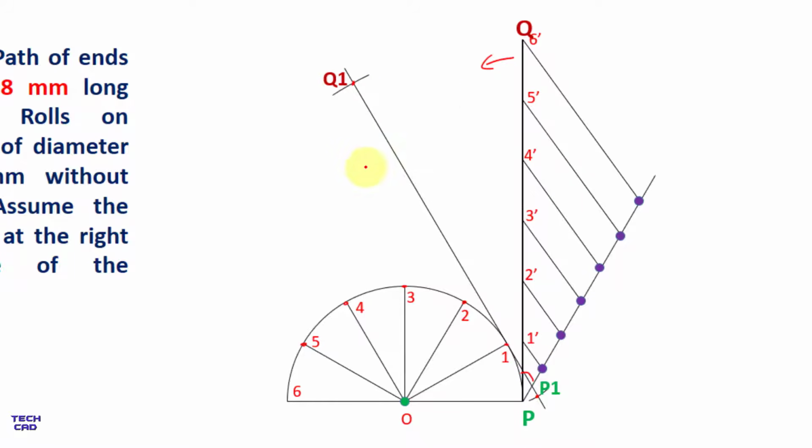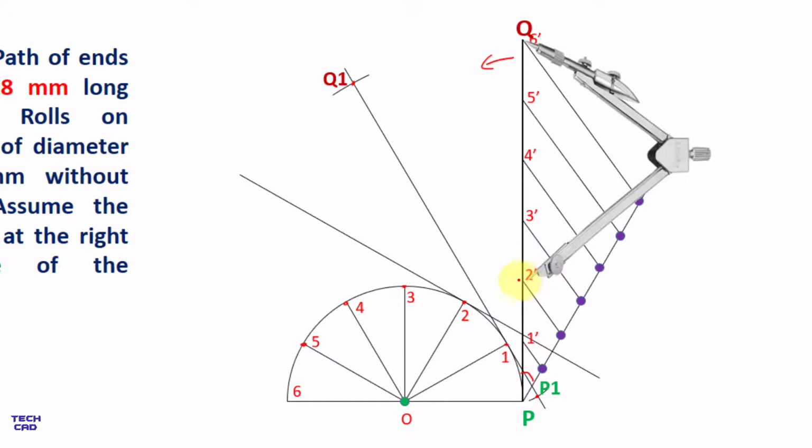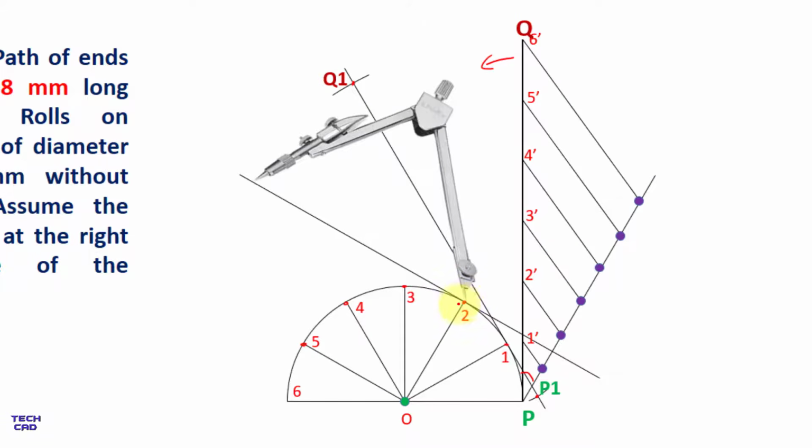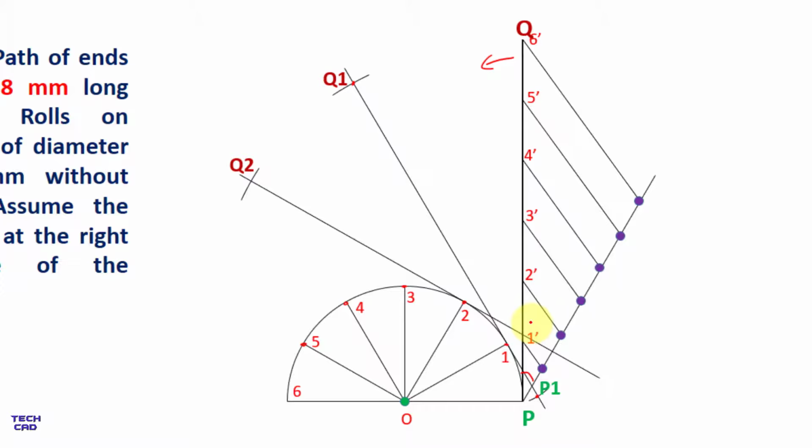Now the next position of the rod is from point 2 on the semicircle. Again take your compass and measure from 2 dash to Q. Come over here, put your compass over here and mark an arc over here, and this is the Q2 point. In the same way, measure 2 dash to P point, put your compass on 2 again and mark an arc over here, which represents the P2 point.